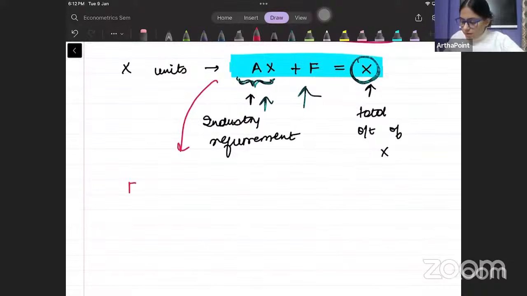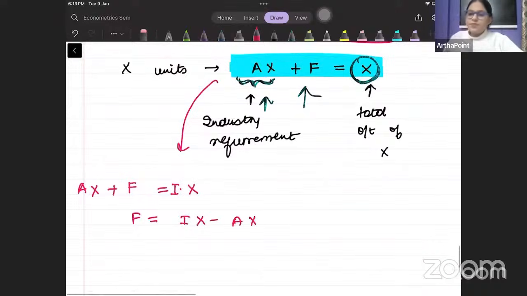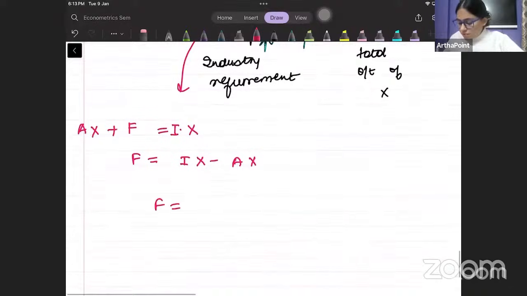So what will happen? Ax plus f is equal to x. So f will be, this is 1 into x, but this is a matrix, so it will become I into x. So f will be Ix minus Ax. So f will be (I minus A) into x.